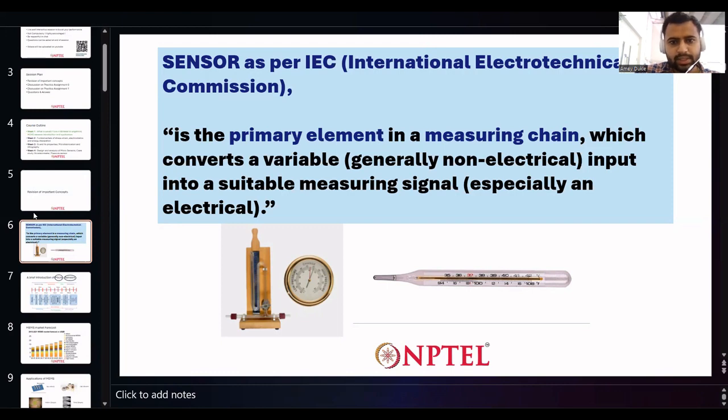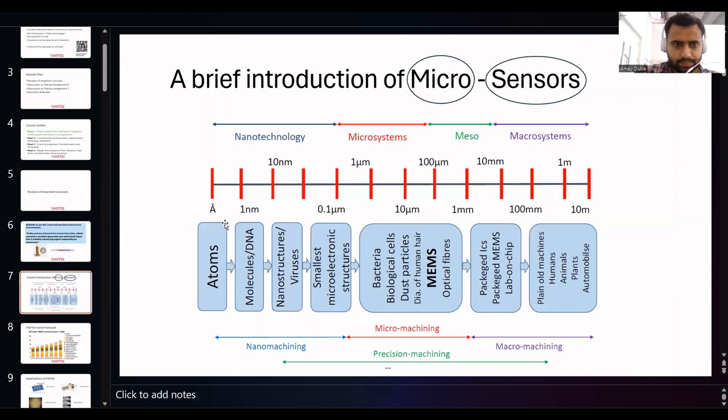As per them, a sensor is a primary element in the measuring chain which converts a variable signal that is usually non-electrical into an electrical signal. Some preliminary old-age examples of sensors are the pressure gauge and the thermometer. In a pressure gauge, the atmospheric pressure is measured by the change in mercury levels, and in the thermometer, the temperature is measured by the expansion of mercury due to temperature.